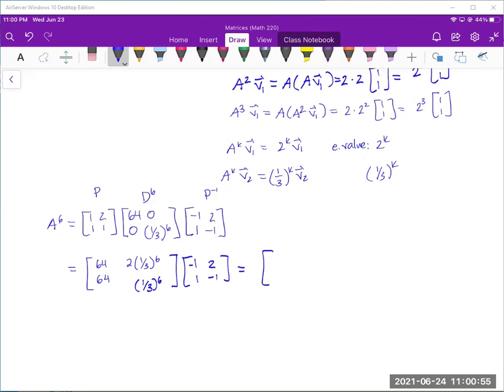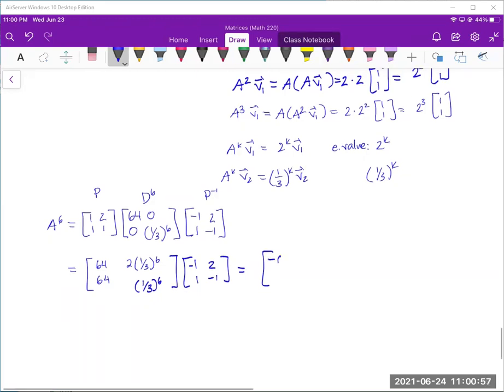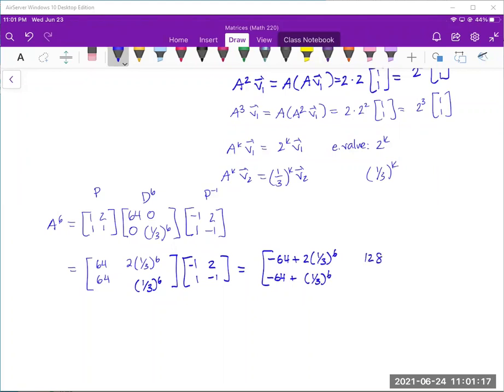So multiplying out here, we get negative 64 plus 2 times 1/3 to the 6th. Negative 64 plus 1/3 to the 6th. 64 times 2, so 128 minus 2 times 1/3 to the 6th.